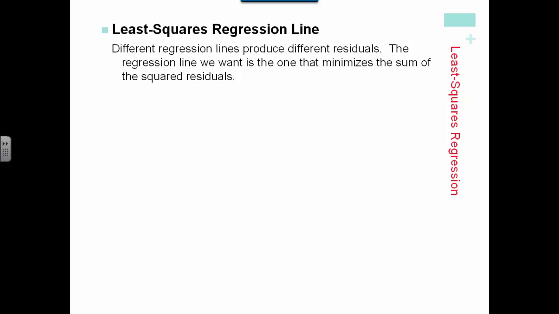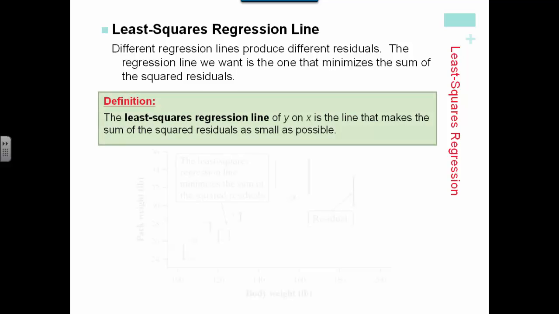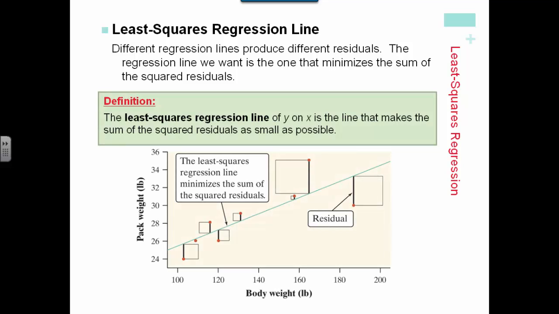Different regression lines produce different residuals. The line we want is the one that minimizes the sum of the squared residuals. The least squares regression line of y on x then is the line that makes the sum of the squared residuals as small as possible. So here you can see the least squares regression line minimizing the sum of the squared residuals.